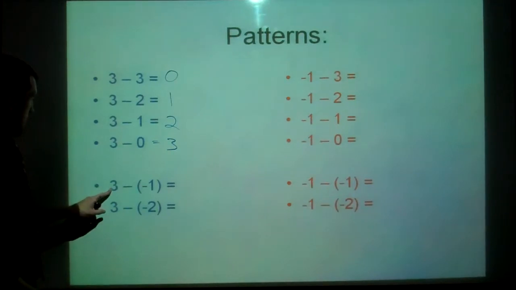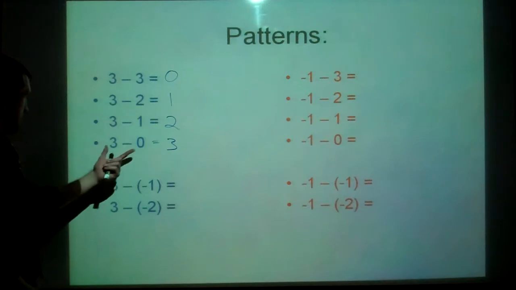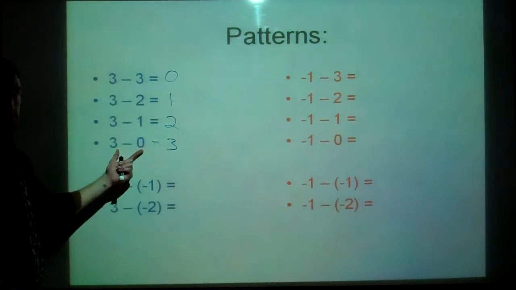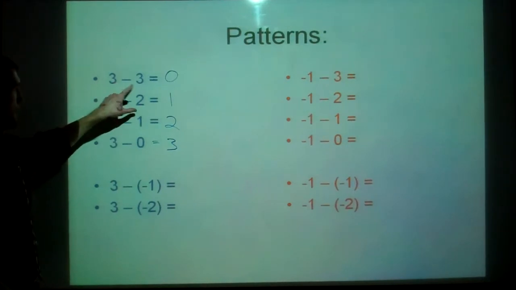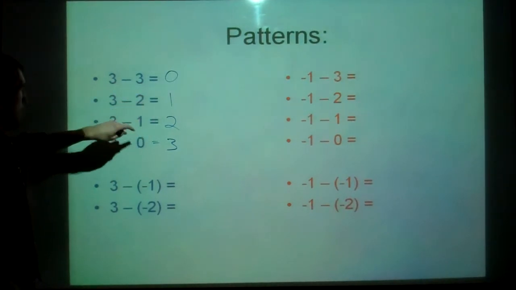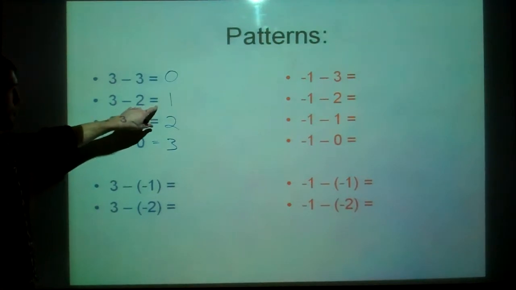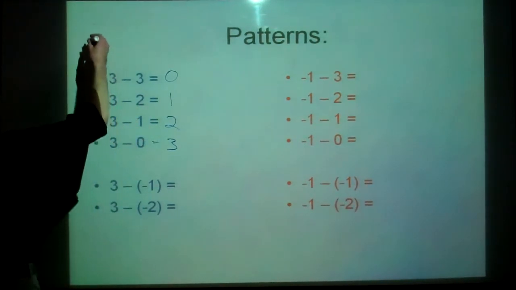Okay? Now, this is basically saying, what's the distance from 3 and 0 on the number line? Well, it's 3. What's the distance from 3 to 3 on the number line? That's 0. What's the distance from 3 to 2 on the number line? 1. So let's look at that quick.